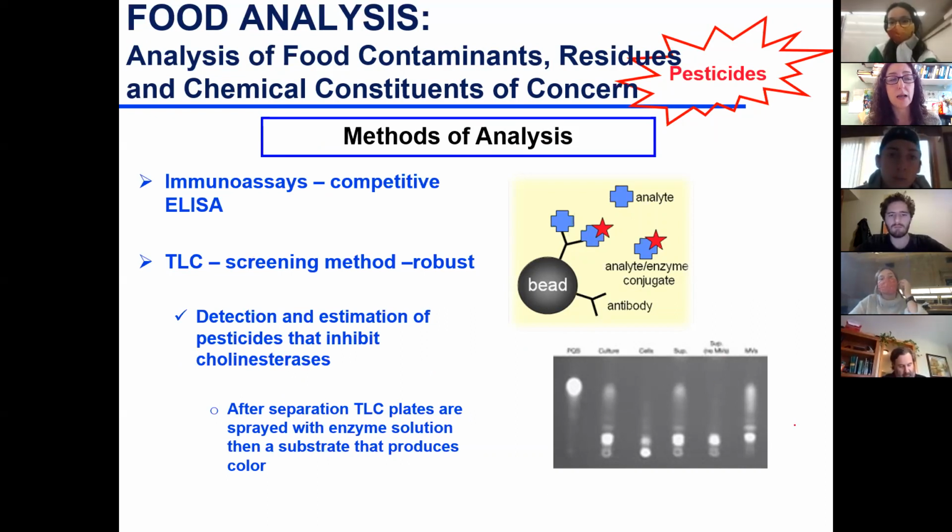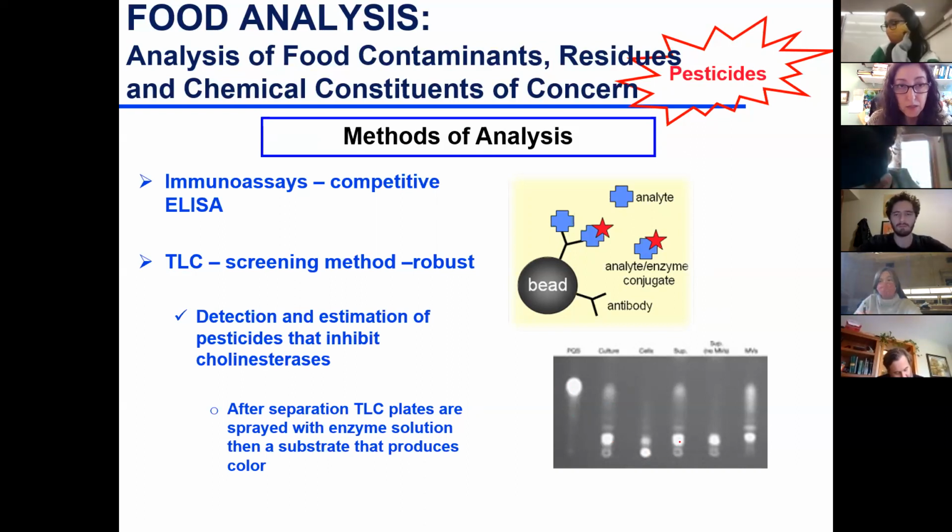Then you spray the plate with the cholinesterase enzyme, and after that you spray it with the substrate. Where enzyme and substrate meet, you generate a color. The places where you don't see a color mean you have pesticides, and the pesticides inhibited the enzyme. So the substrate does not change into a product, and you don't see a color.